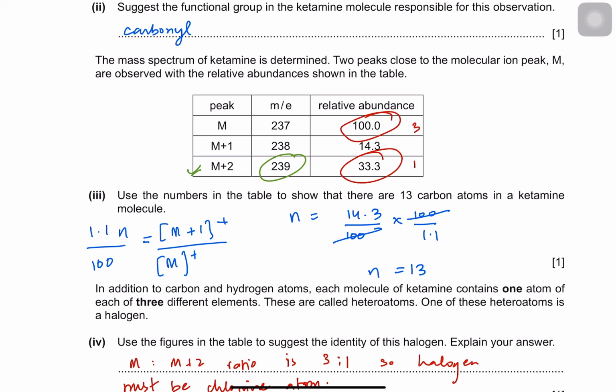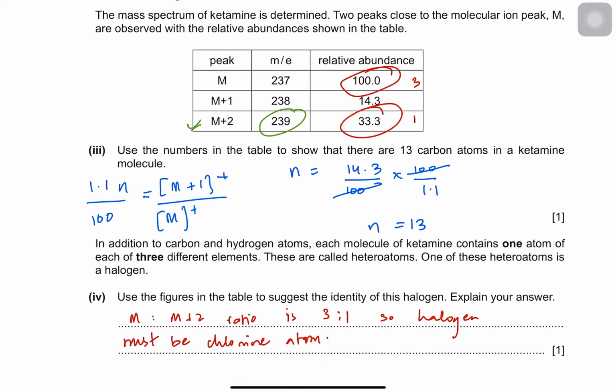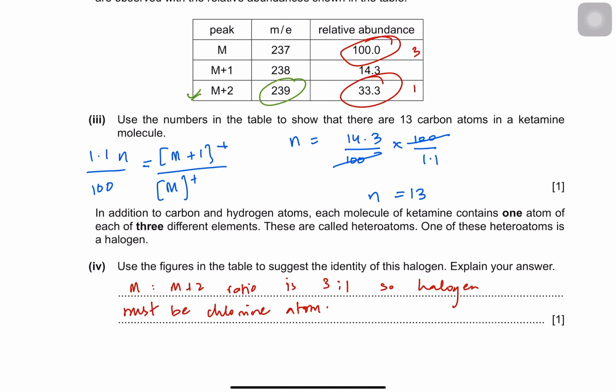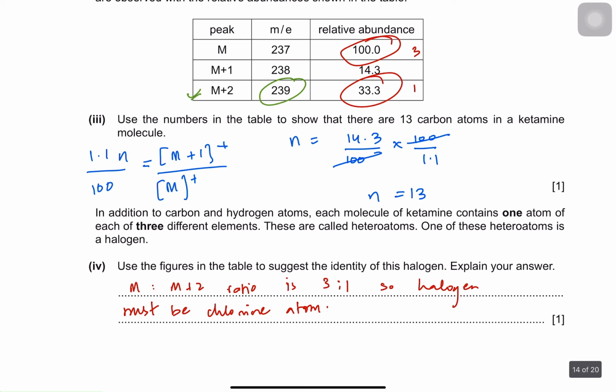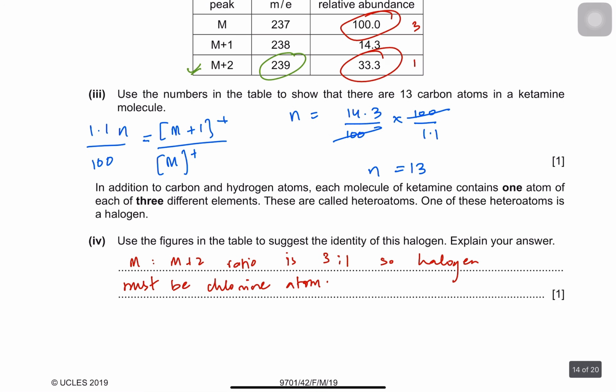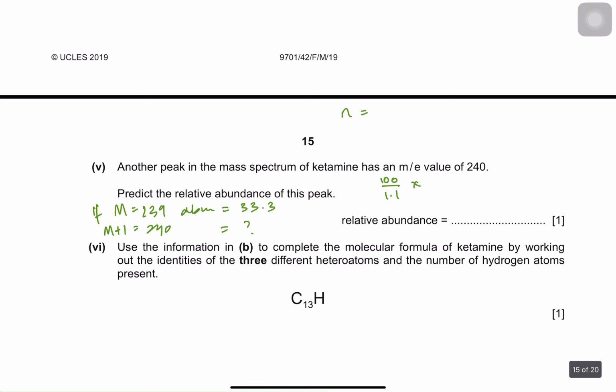So very simple over here. 100 divided by 1.1 times the abundance of this peak, which is 239. So 239 comes over here. The abundance of this M plus 1 peak was left blank, and carbon atoms are 13 in number. So you just simply get your answer like this.